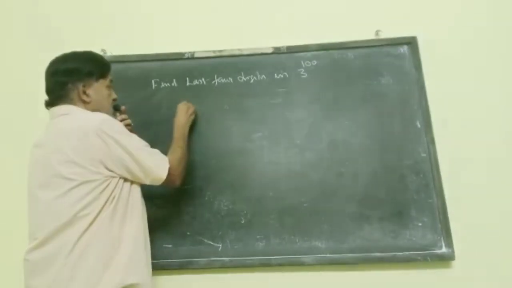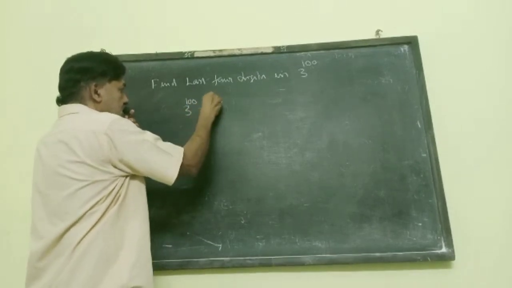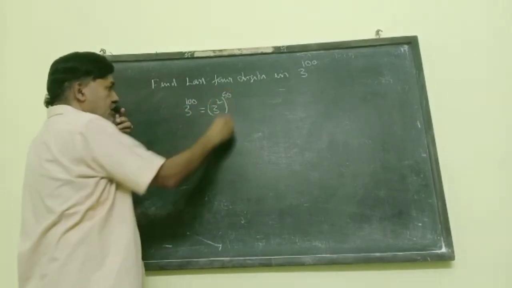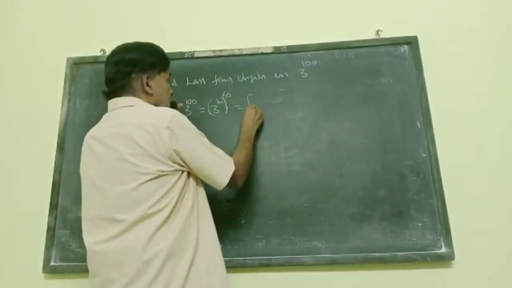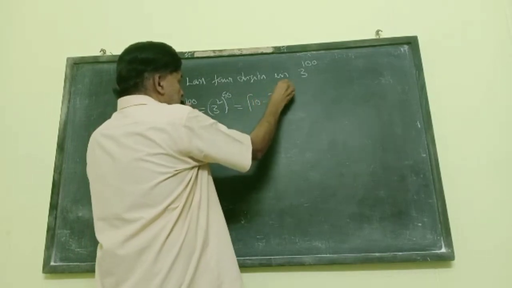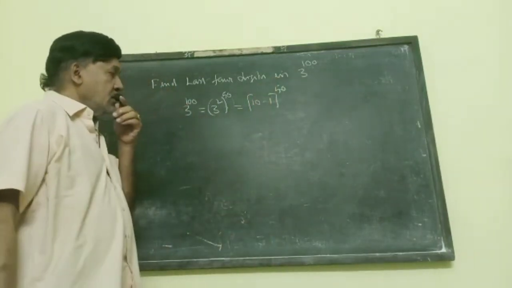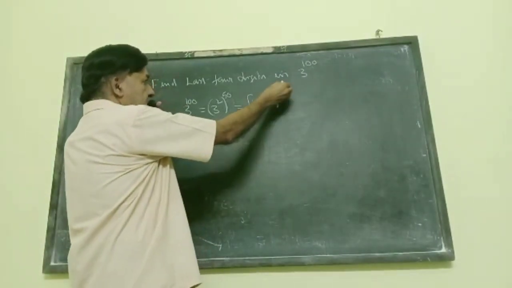Listen. 3 power 100 can be written as 3 square whole power 50. This is 9. 9 is 10 minus 1 whole power 50. Whenever you get minus 1 here, I will always see that the power is even.